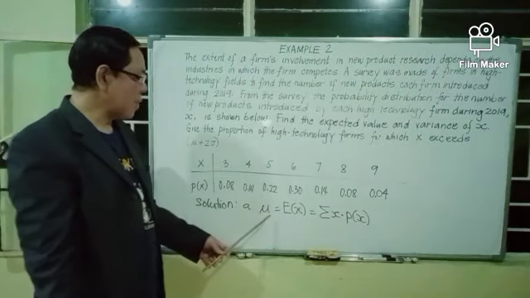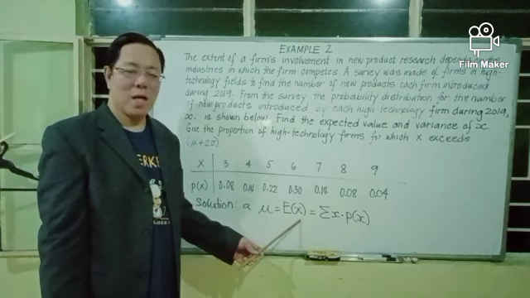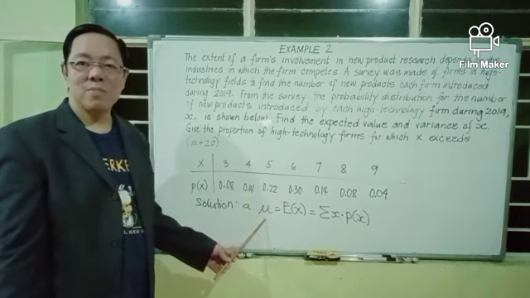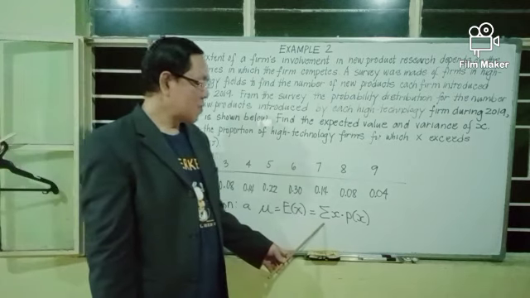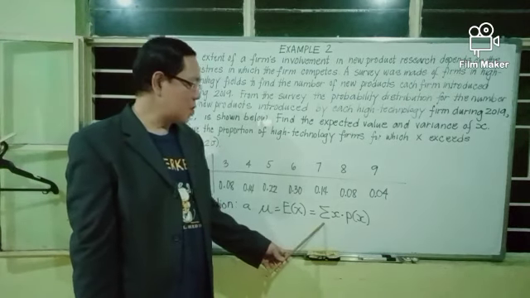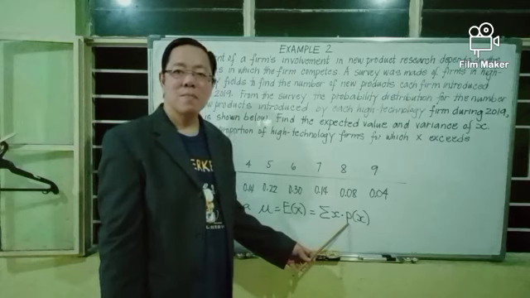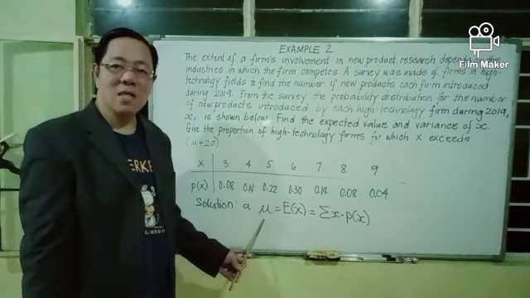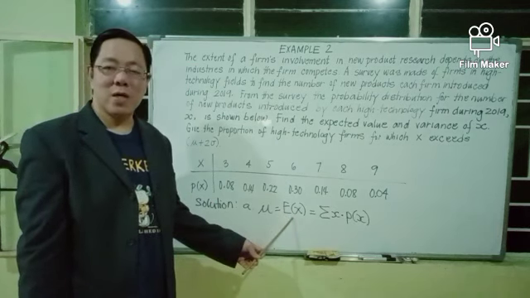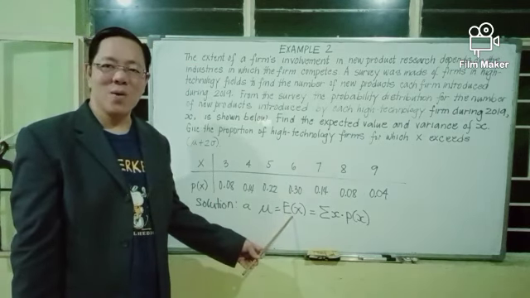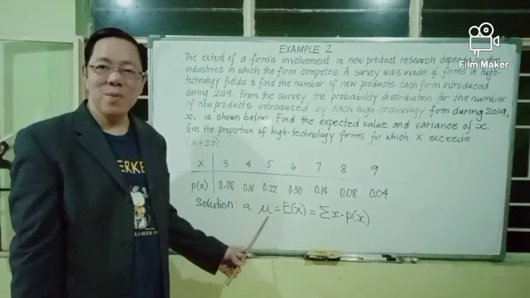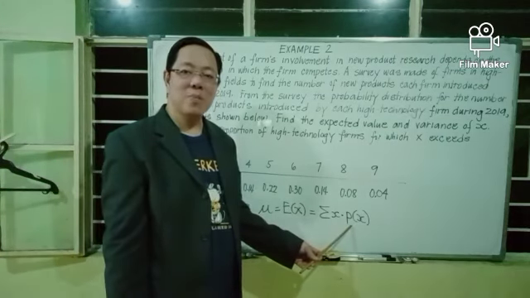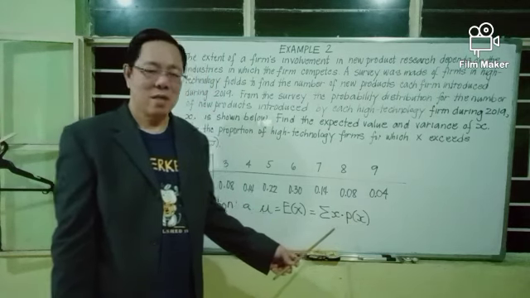The expected value of the discrete random variable X, denoted by mu or population mean mu, is obtained by using this formula, summation of X times the probability of X. Hence, to find the expected value of X, or the mean mu, multiply each X by its corresponding probability and add the products.